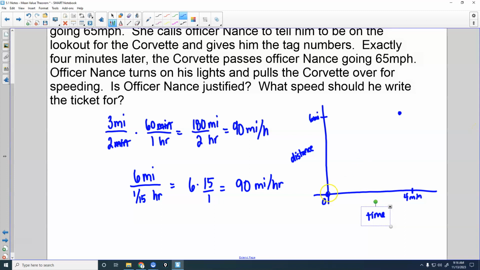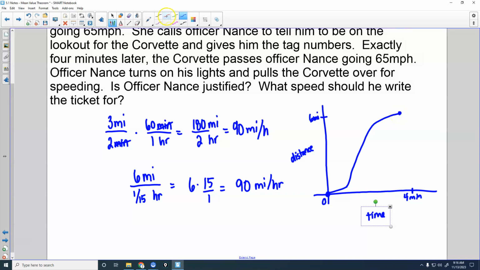So this car was not going as fast here. As soon as he got out of sight of the cops, he obviously sped up a lot, but then slowed back down. Now, this might be over-exaggerated, right?